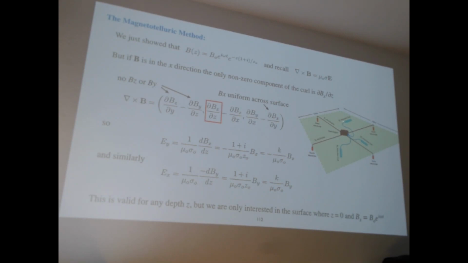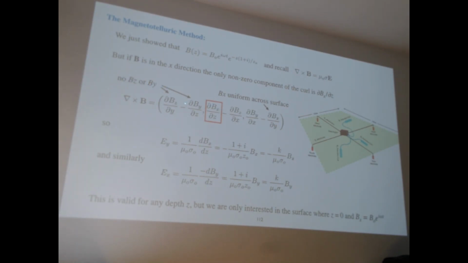So if I consider B in one direction only, let's say I'm looking at this induction coil here, Bx, and if I look at the curl operator, this is what the curl operator looks like, the only non-zero component is this one, Bx, because there is no dy.